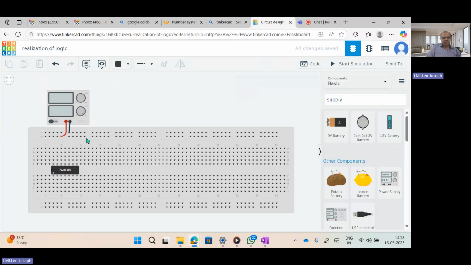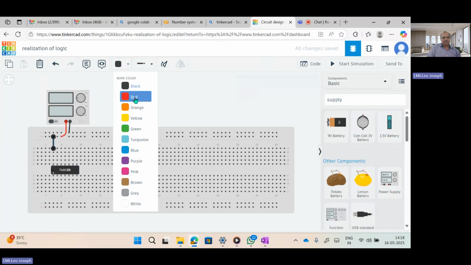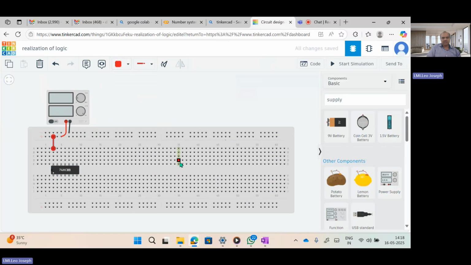So what I am doing here is, from here I can directly join these wires. This is the 14th pin, right? So the 14th pin is a power pin. So I can directly join this to here, and I am changing this wire. This is optional, for my understanding I am doing it. So better I can short these two terminals so that the connection will be easy for me. So I am shorting this wire and this wire.